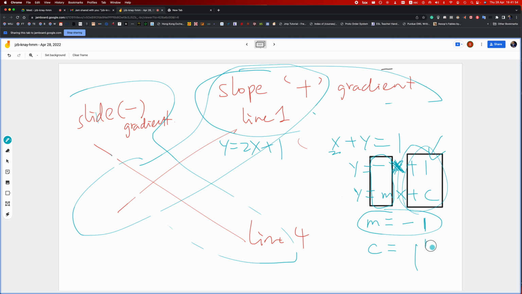A negative gradient will give you a slope or a slide? Slide. So therefore this is your x plus y equals to 1. That's your line 4. That's how you decide. Are you clear? Okay, good. Now I want to give you a few more questions.